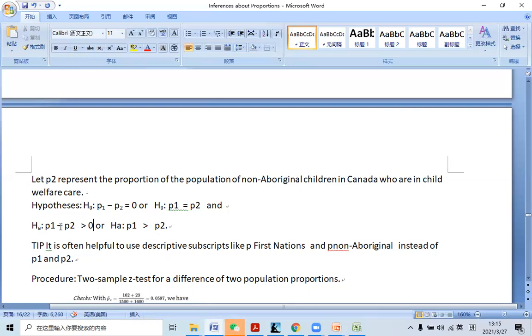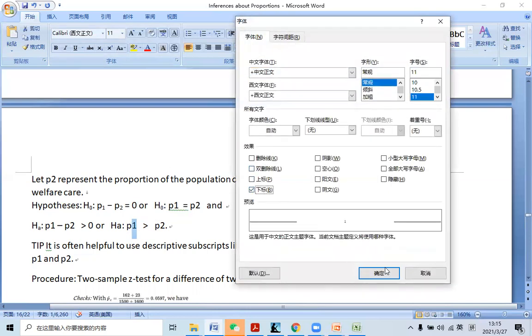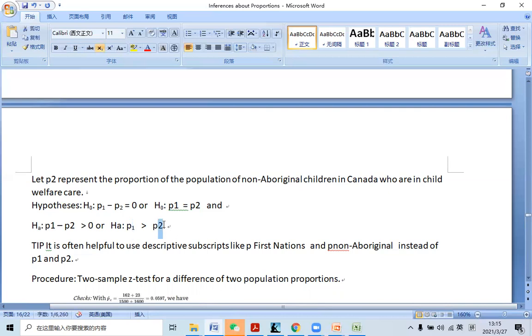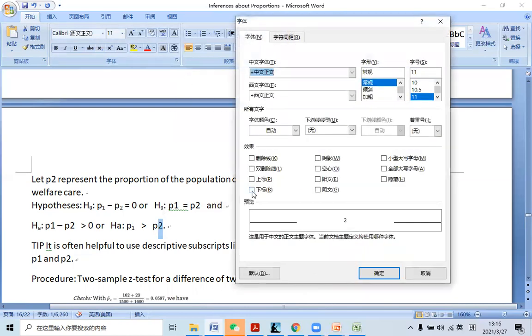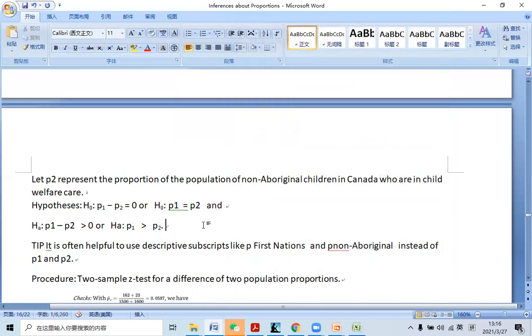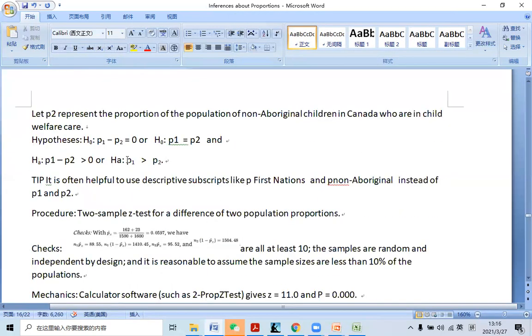The difference between the two proportions is larger than 0. And more specifically, proportion 1, the proportion of First Nation kids in child welfare is larger than the proportion of kids among non-First Nation population in child welfare. You are trying to support the research hypothesis by rejecting the null hypothesis.